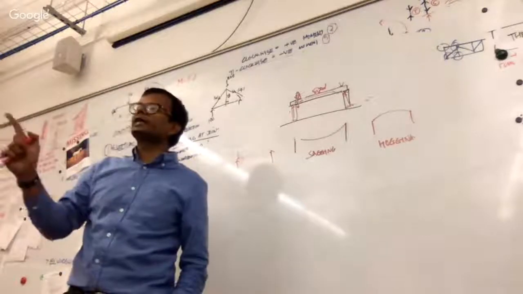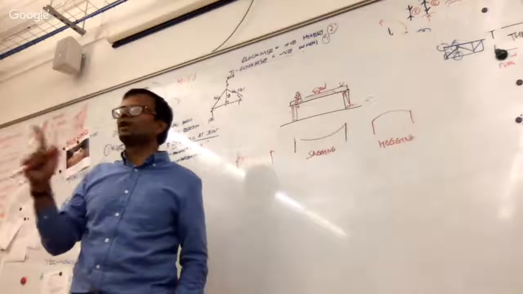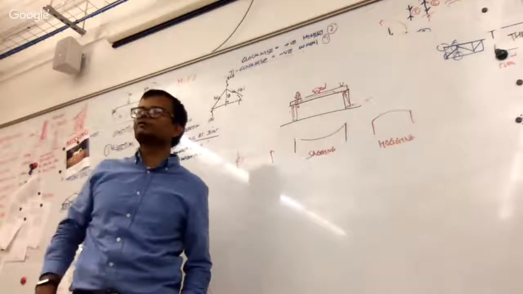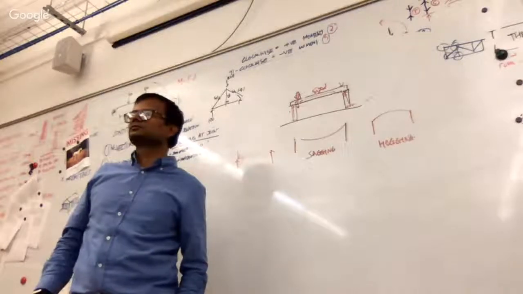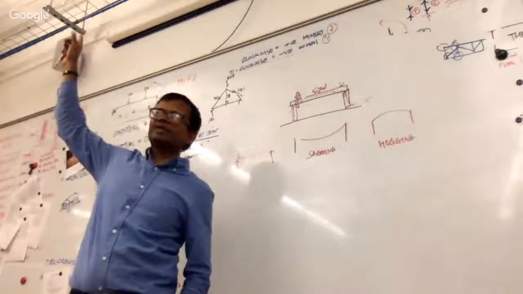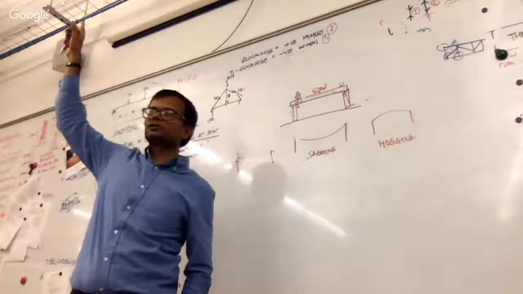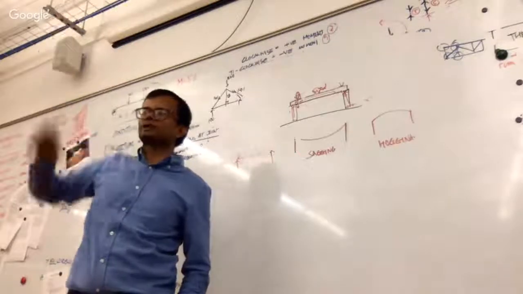There is one case where the shear force becomes far more important than bending. What case is that? I just made the case that typically with beams, the shear force is not as important as the bending.